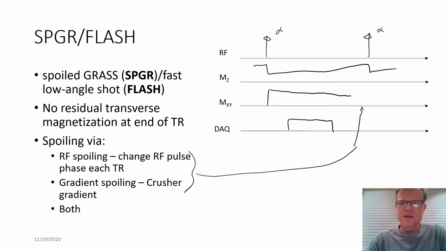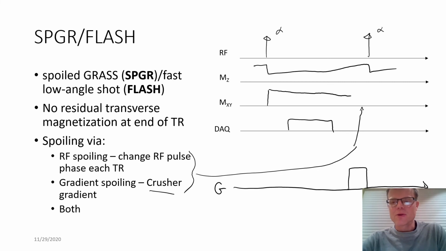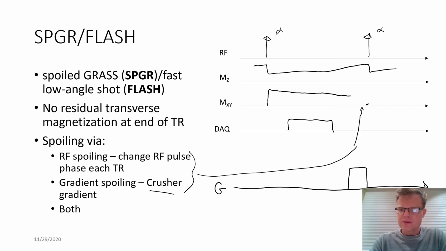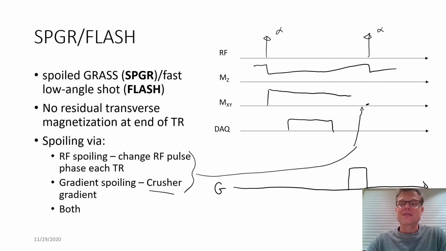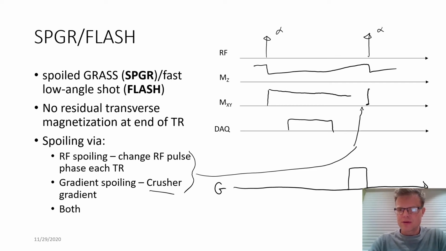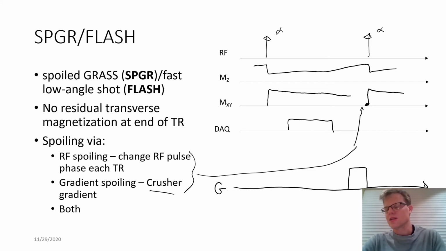One option for gradient spoiling, drawn right next to that, is that we'd insert this big crusher gradient, as we called it before, right there. That would have the effect of effectively removing the transverse magnetization, and then we'll get some repeated excitation, and things will look the same from TR to TR.